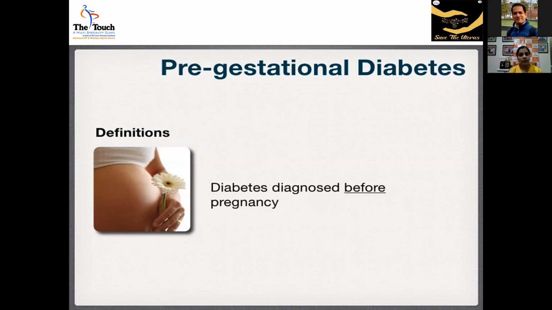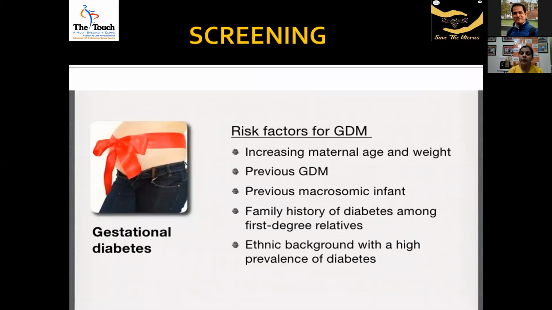Many couples are nowadays coming for pre-pregnancy counseling, which is very good. But for those who do not come for pre-pregnancy counseling, in them we have to be very careful about these problems.